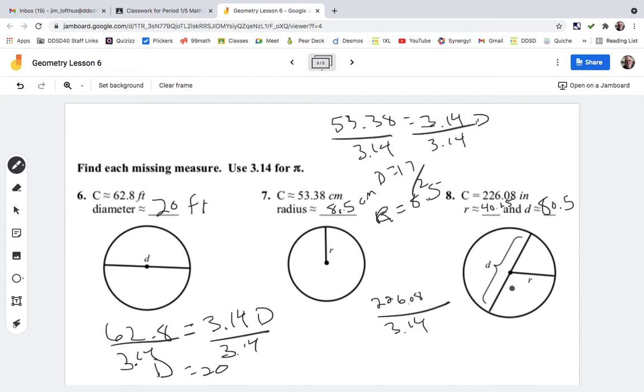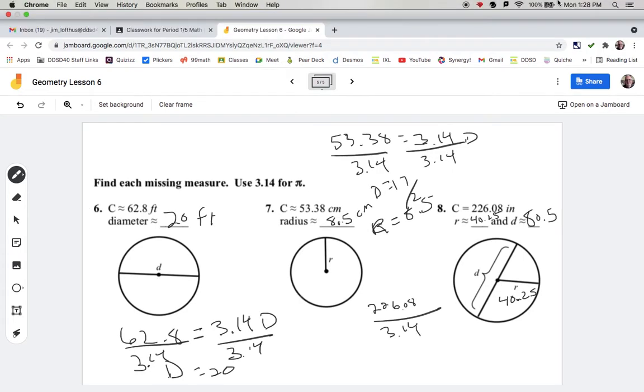So radius is 40.25. Check that. All right, and that is Geometry Lesson 6.